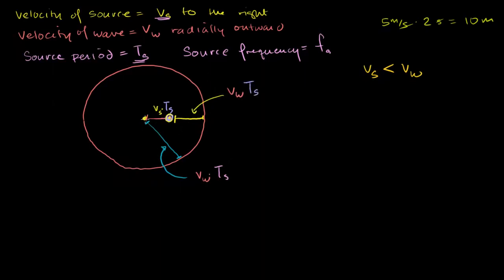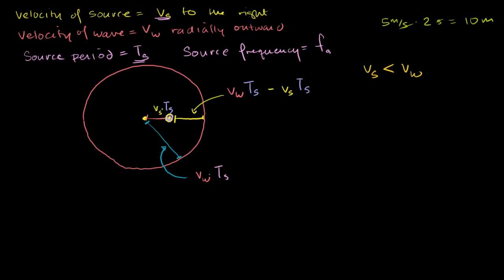And we're going to subtract out how far the source itself has moved. The source has moved in the direction of that wave front, so it's going to be minus v sub s, the velocity of the source, times the period of the wave from the perspective of the source.